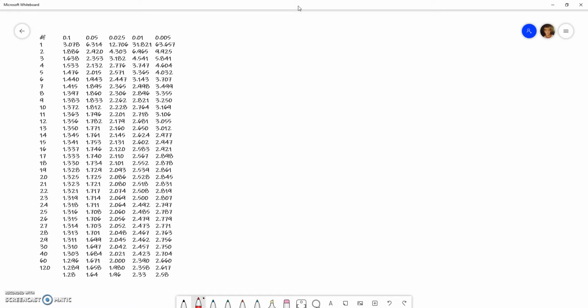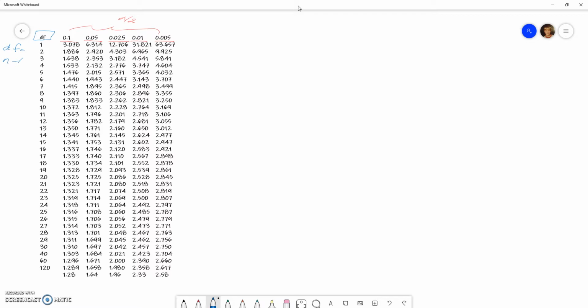These values here, 0.1, 0.05, 0.025, 0.01, 0.005, are the alpha over 2 values that we need. And these values going down on the left side are the corresponding degrees of freedom. Just remember that degrees of freedom equals n minus 1.